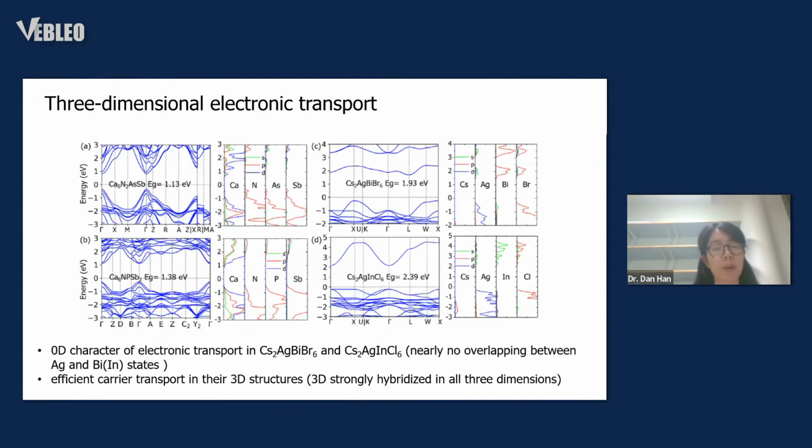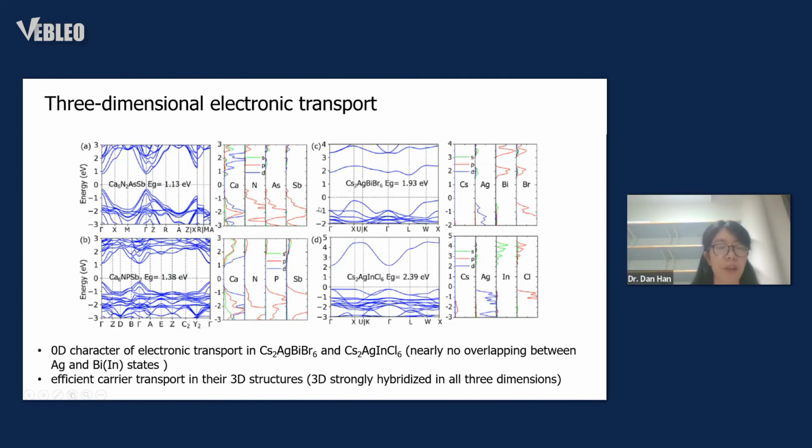It has been reported that for the representative double perovskites, cesium silver bismuth bromide and cesium silver indium chloride, they show 0D characters of electronic transport, since there is nearly no overlap between the silver and the bismuth or indium states, as can be observed from the PDOS.